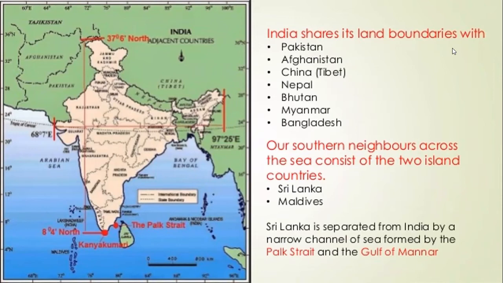Our southern neighbors across the sea consist of 2 islands, which are Sri Lanka and Maldives. Sri Lanka is separated from India by a narrow channel of sea formed by Palk Strait and the Gulf of Mannar, while Maldives Islands are situated to the south of Lakshadweep Island.